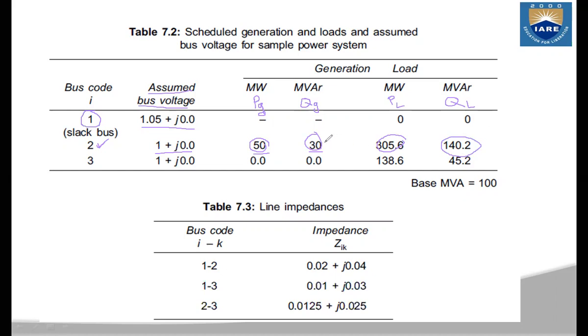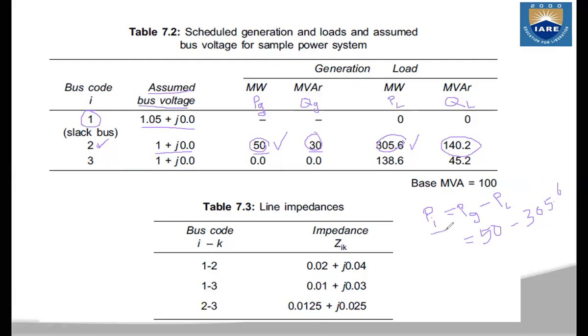Which means that if you know the P generation and P demand, then you can find out the real power injection PI, which is the difference of generation minus demand. So PG minus PL, which is equal to 50 minus 305.6.